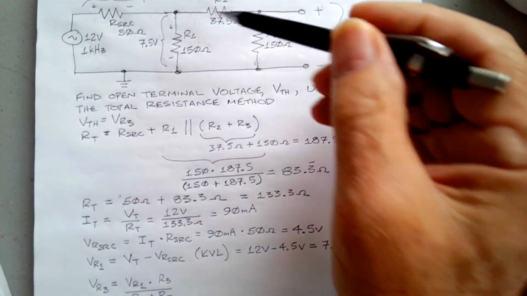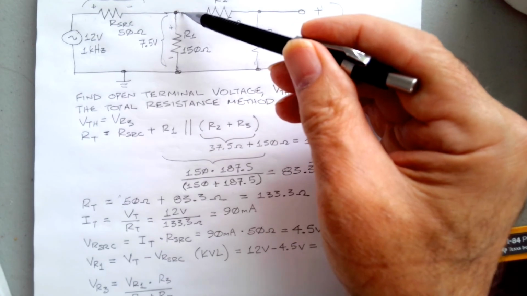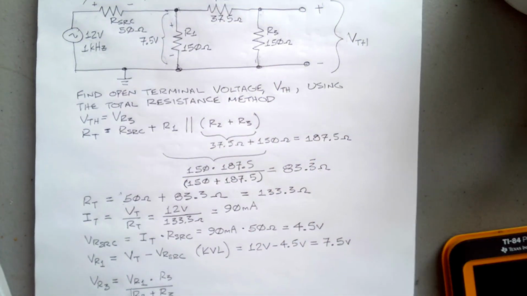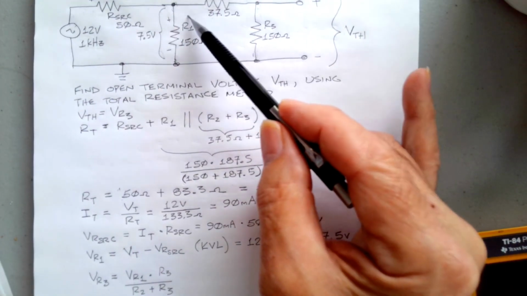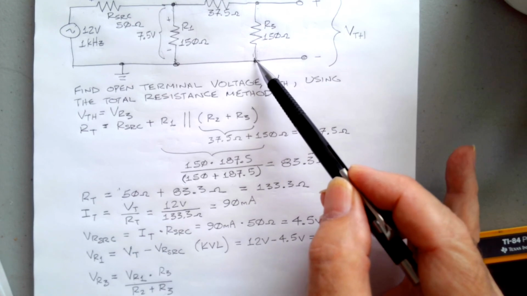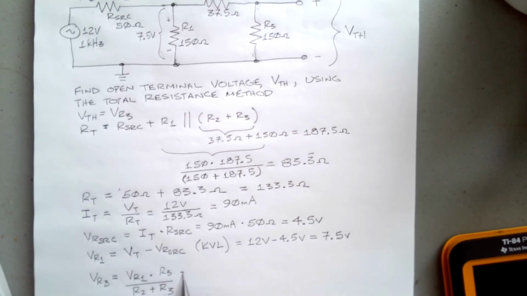You could also say that R2 plus R3 is this series resistance, and when you divide VR1 by R2 plus R3, you get the current that's flowing right here. You then take that current and you multiply it by R3 and you get VR3. So, no big secret in the voltage divider rule.